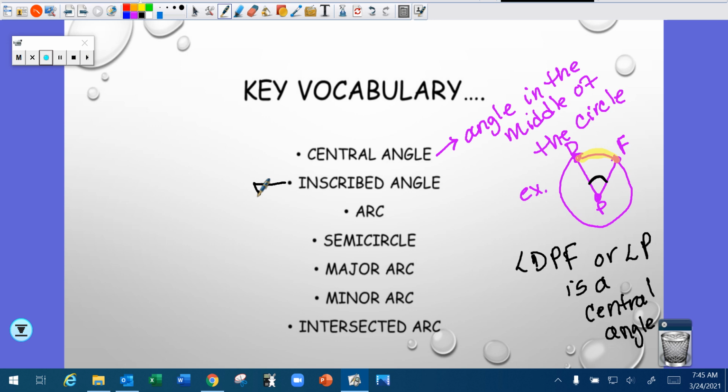All right, an inscribed angle is an angle formed on the circumference of the circle.